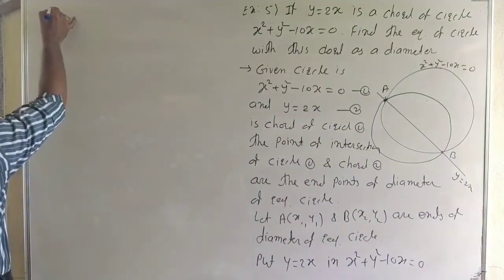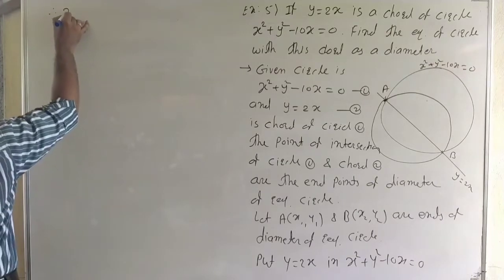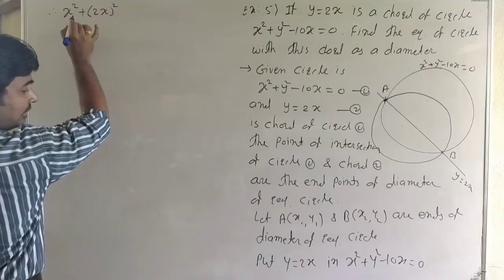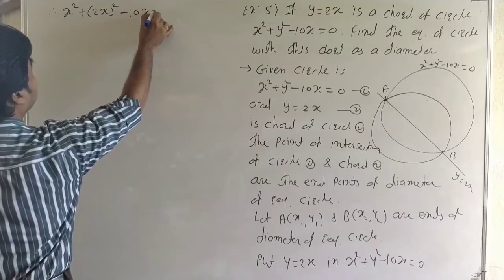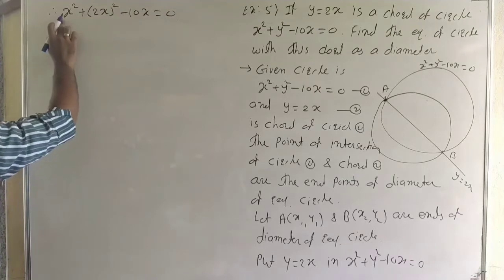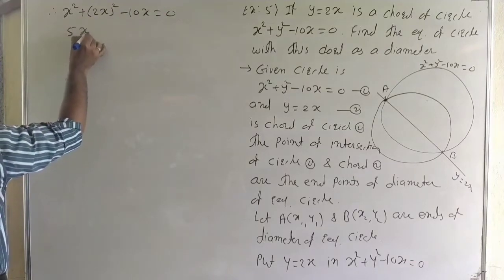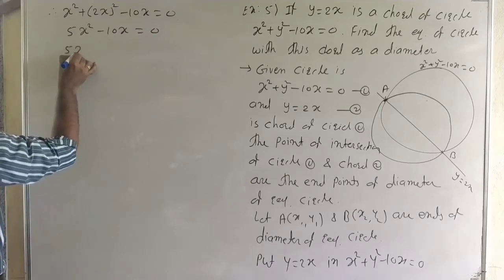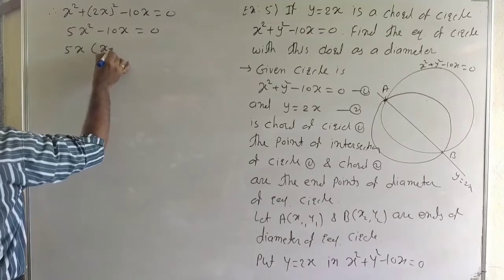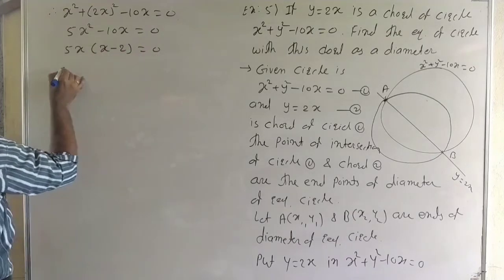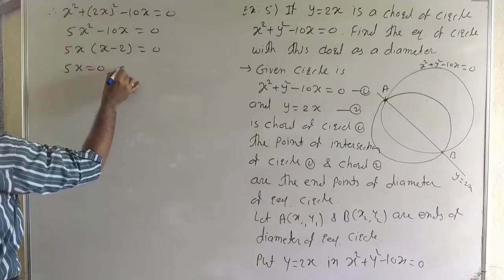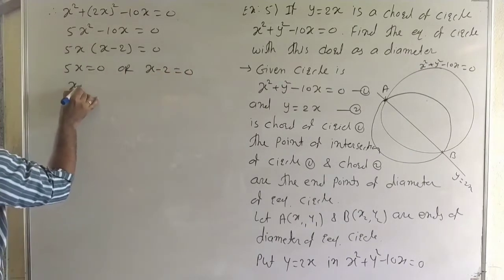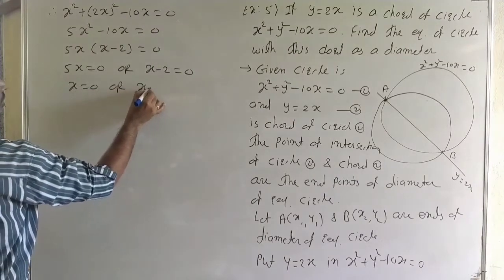So we can write here, x square plus 2x whole square, that is y is equal to 2x, and minus 10x is equal to 0. Then x square and 4x square, it is 5x square minus 10x is equal to 0. We can take common 5x. Then x minus 2 is equal to 0. Therefore, 5x equal to 0 or x minus 2 equal to 0. Therefore, x equal to 0 or x is equal to 2.